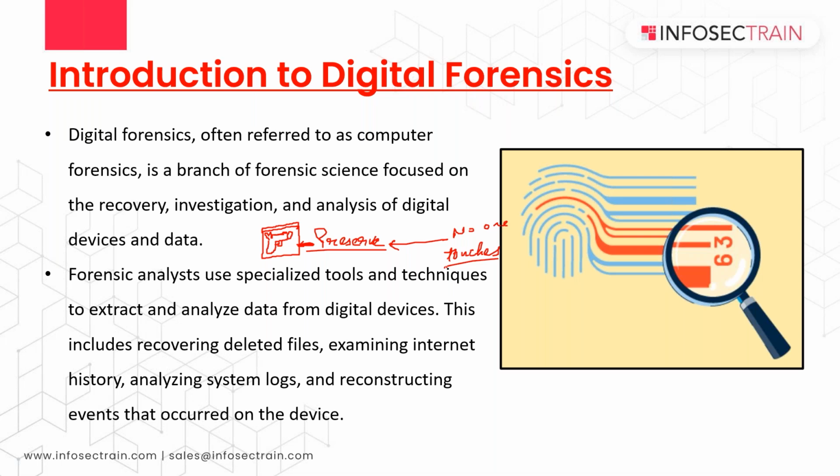Why do we say no one touches that evidence? Why do you think, in a normal scenario, when we collected an evidence, in that evidence there was a gun? When we collected it, we made sure that no one touches that gun to avoid compromisation, correct? To avoid tampering, absolutely right. These kind of words which you're just using. So here the gun was an original evidence.